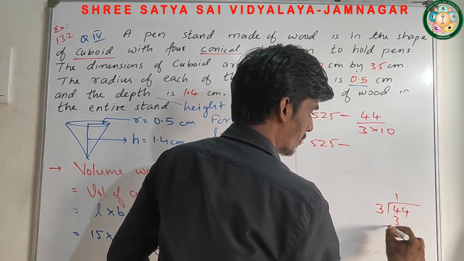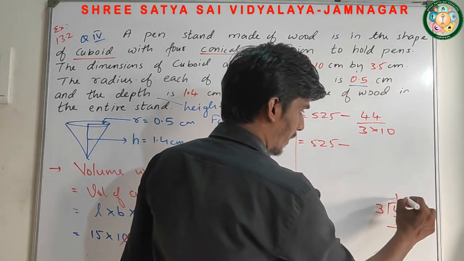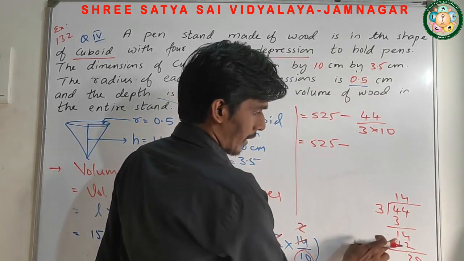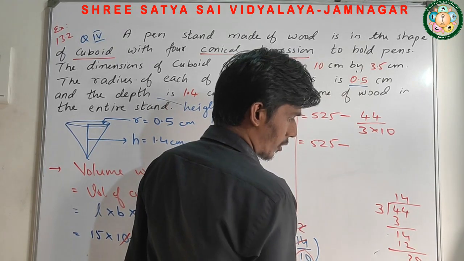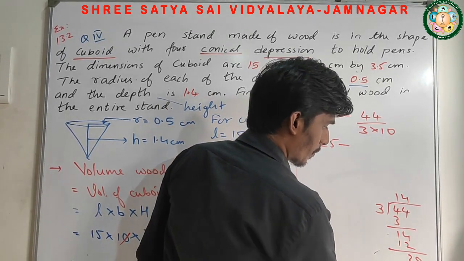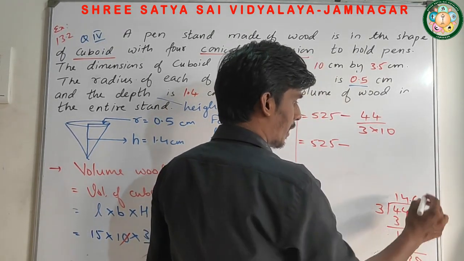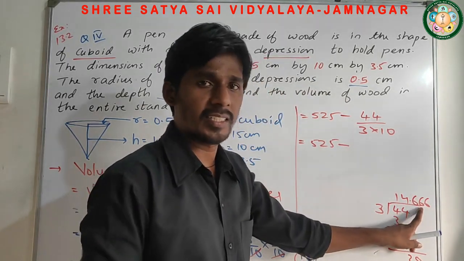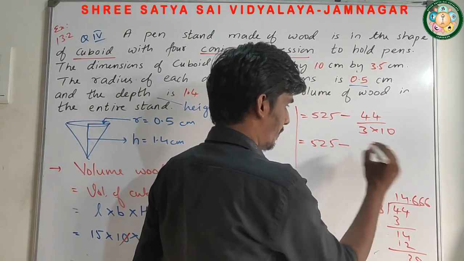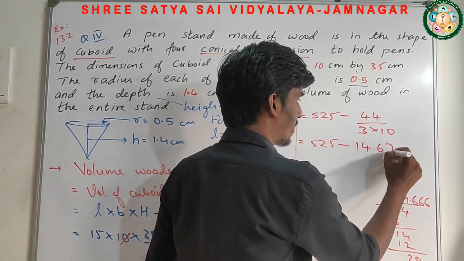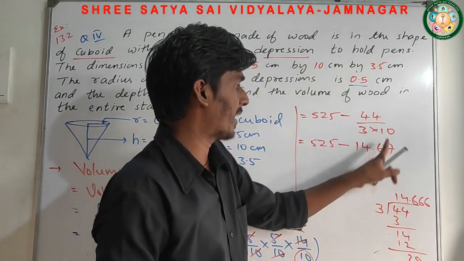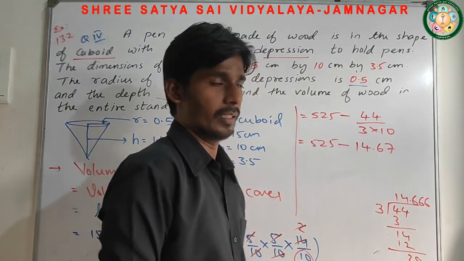3 ones are 3. Then 3 how many times? 4s are 12. 2 remainder. Now 14 minus 12 is 2. It will be 20, then 60. So 0.6666 will come. So we can write 14.67. Why did I write 7? Because 6 is greater than 5, so the next number we write in the second decimal.